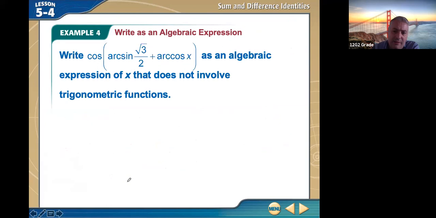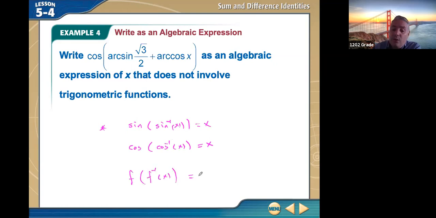The main concept we understand. And also there is something, do not forget: sine of arcsine of anything, let's say x, is equal to x. Or cosine of arc cosine of x is equal to x. This is the rule. Why? f of f inverse of x is equal to x, whatever x is, not important.